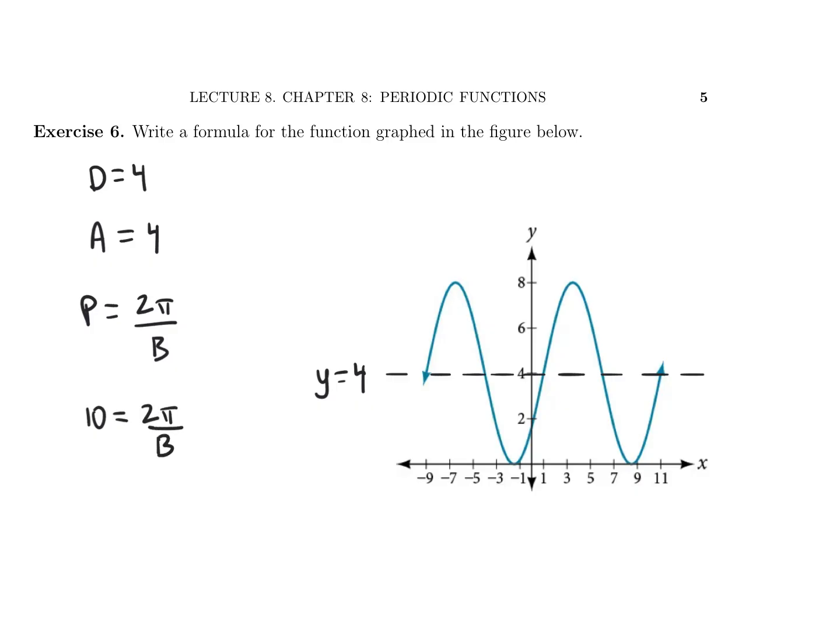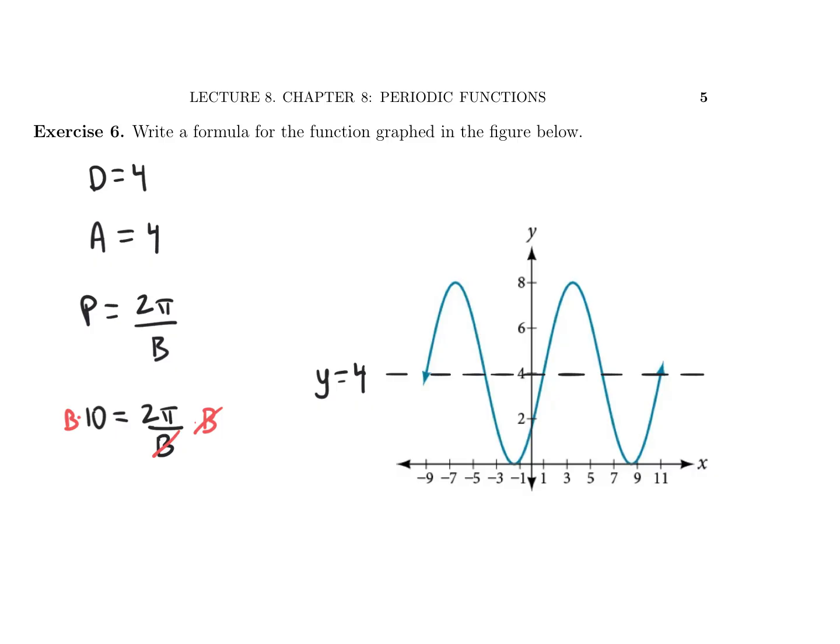And now we can solve for b. So once again, the way I got 10 is because I subtract the first point from the last point. The last point was at 11, and the first point was at 1. So that's 11 take away 1 is 10. That's our period. Now we can multiply both sides of the equation by b and solve for b this way.